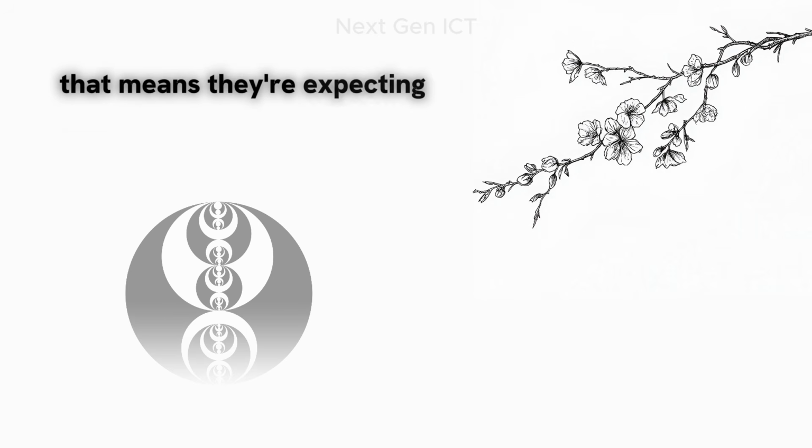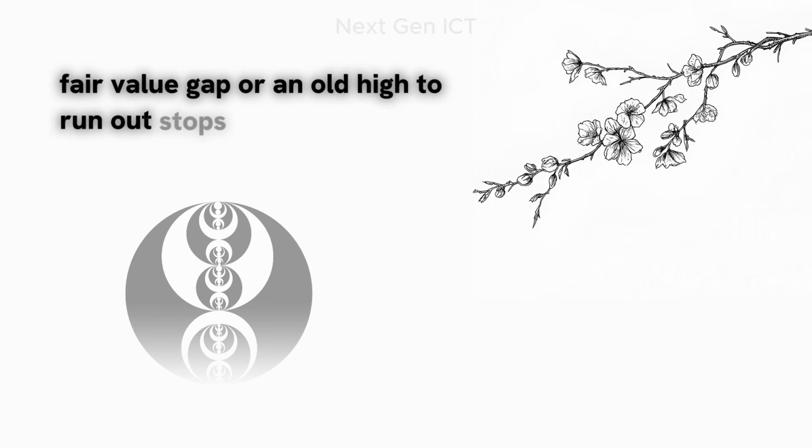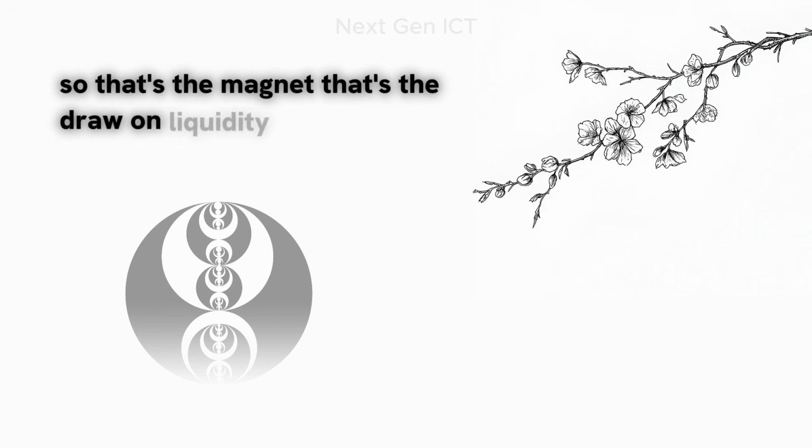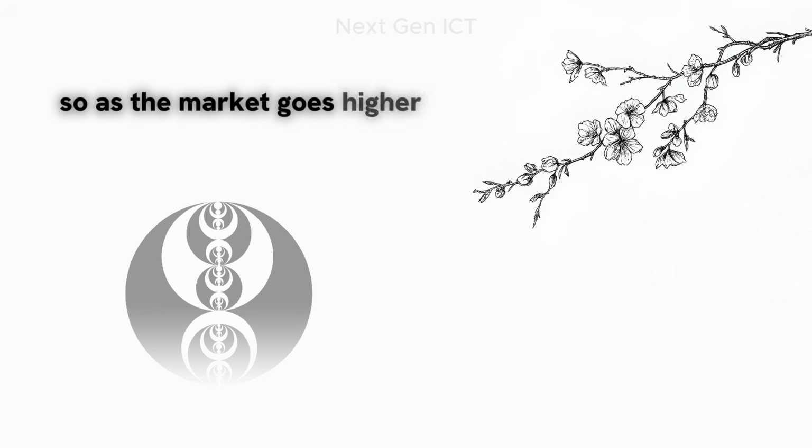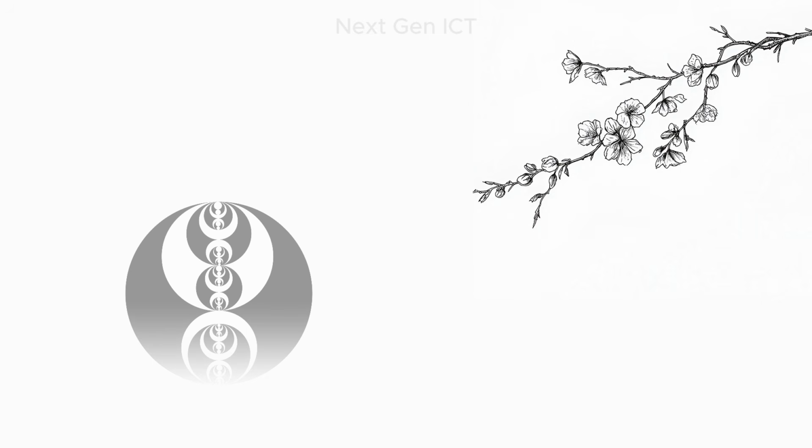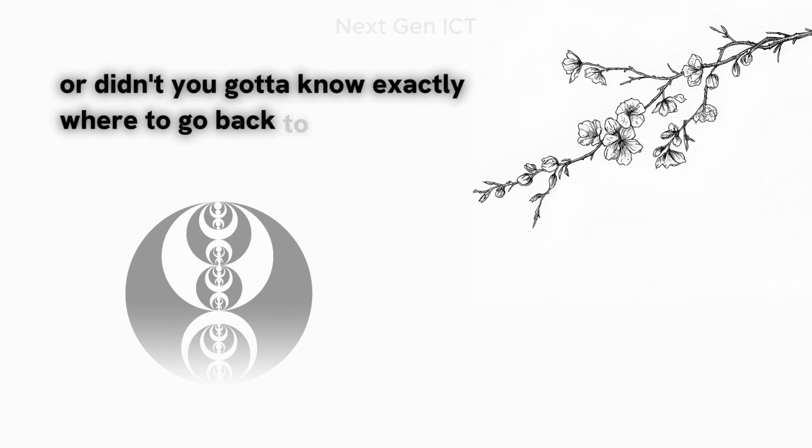That means they're expecting higher prices. It's going to go to a premium inefficiency, fair value gap, or an old high to run out stops. So that's the magnet, that's the draw on liquidity. So as the market goes higher, whether you got in at the low that started that price run or didn't, you've got to know exactly where to go back to see the beginning of that move.